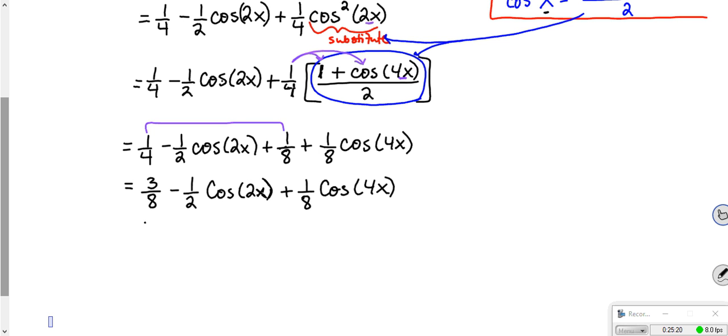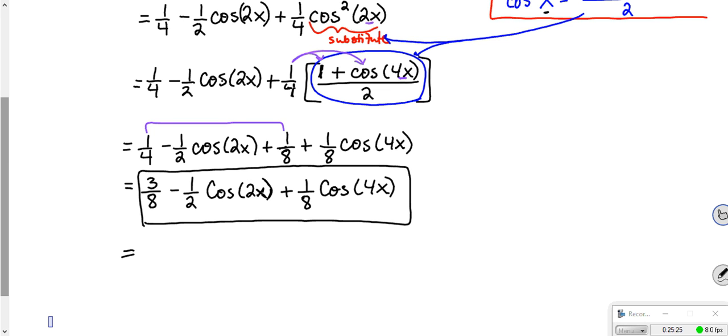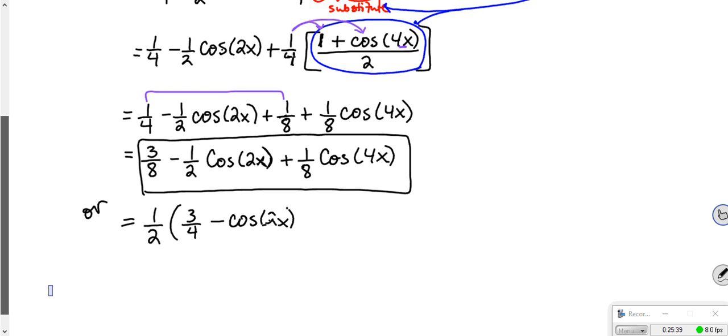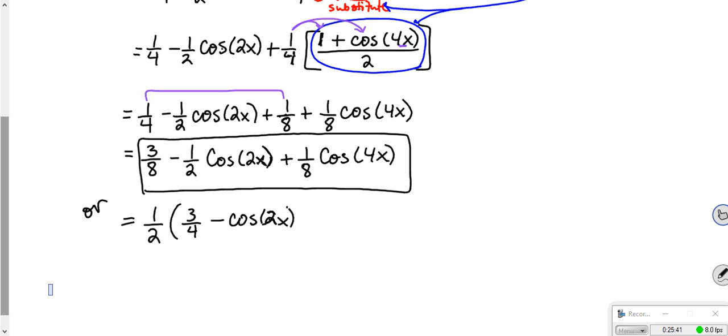My guess is they probably should. But to me, this would be fine. Or you could also pull out a half, and you would be left with 3/4 minus cosine 2x plus 1/4 cosine 4x.